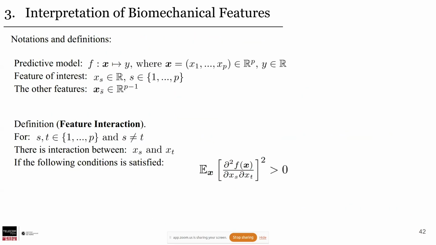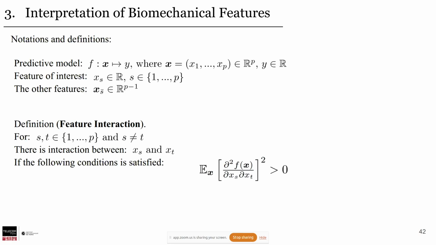First, we would like to define the notations. We study the predictive model from X to Y, and we have one feature of interest, which is XS, and the rest is XS bar.